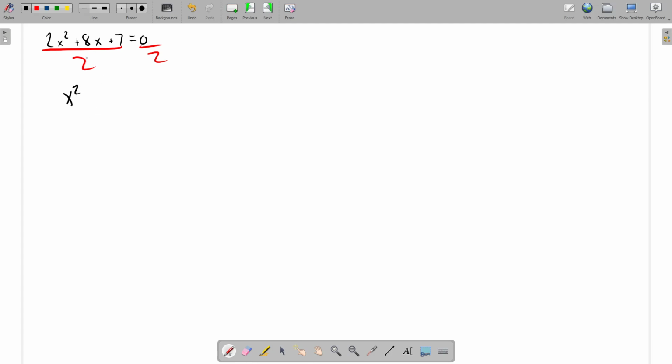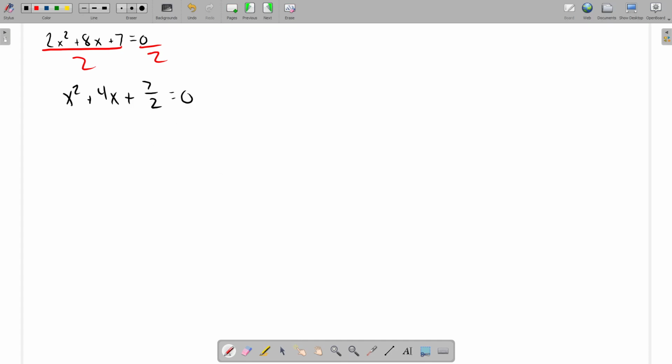But I need to divide each term by my A value. So I need to divide each term by 2. So if I take this 8x and divide it by 2, I get a 4x. And if I take this 7 and divide it by 2, I get 7 halves. I'm going to keep it as a fraction. We're not going to use decimals.